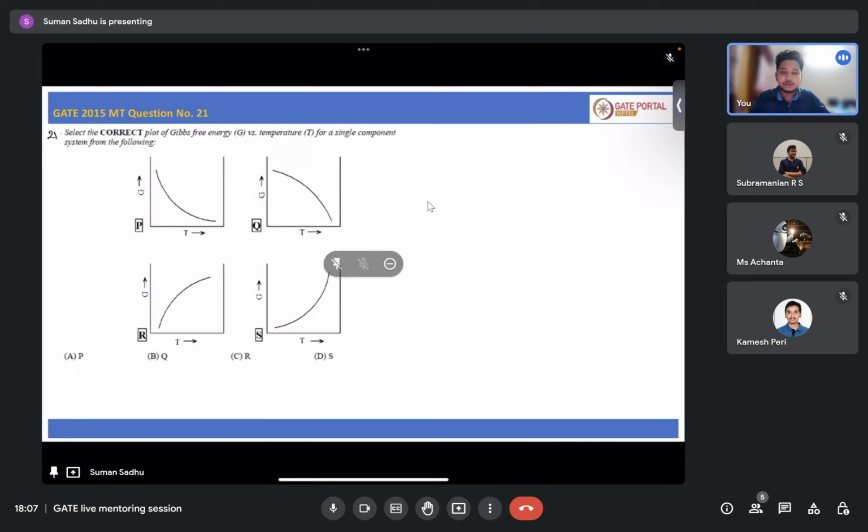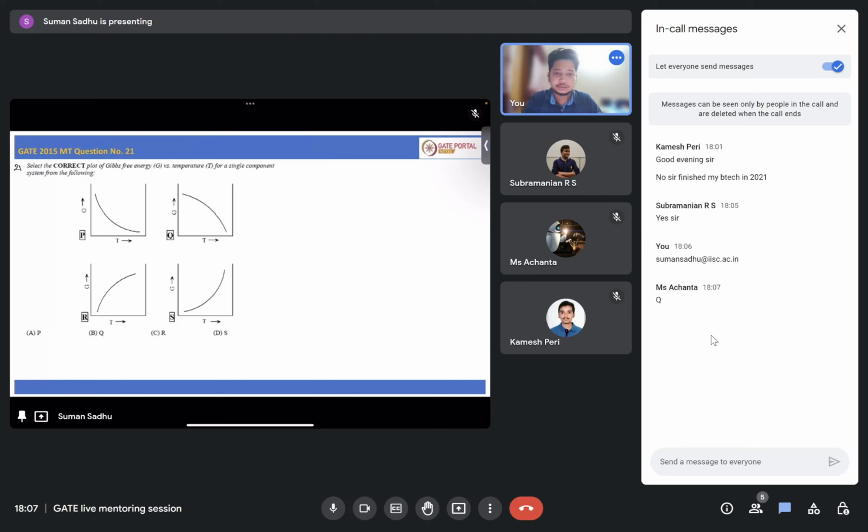Any one of you want to approach which one will be the correct answer and why? Okay, you are saying Q. Any other want to answer? Then I will go into the explanation part. Subramaniam, you are saying P. Okay.